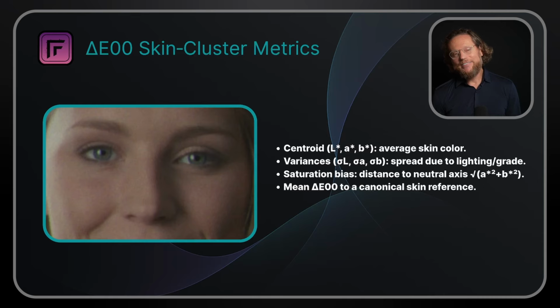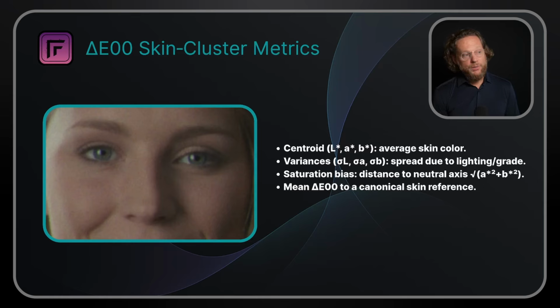There is a little effect of that we want to avoid. And then also, digital cameras are strangely saturated in skin. That's what film handles really well. And we measure that as a saturation bias, which is a distance on the neutral axis.